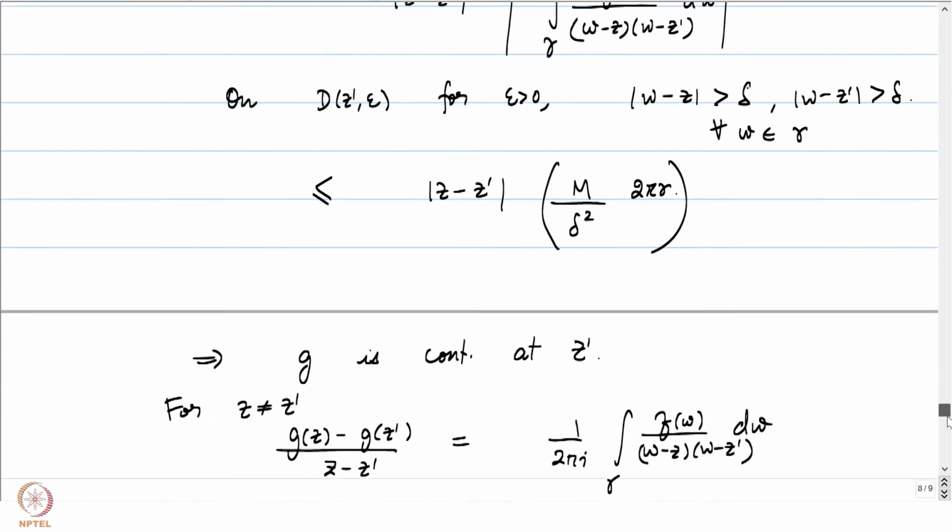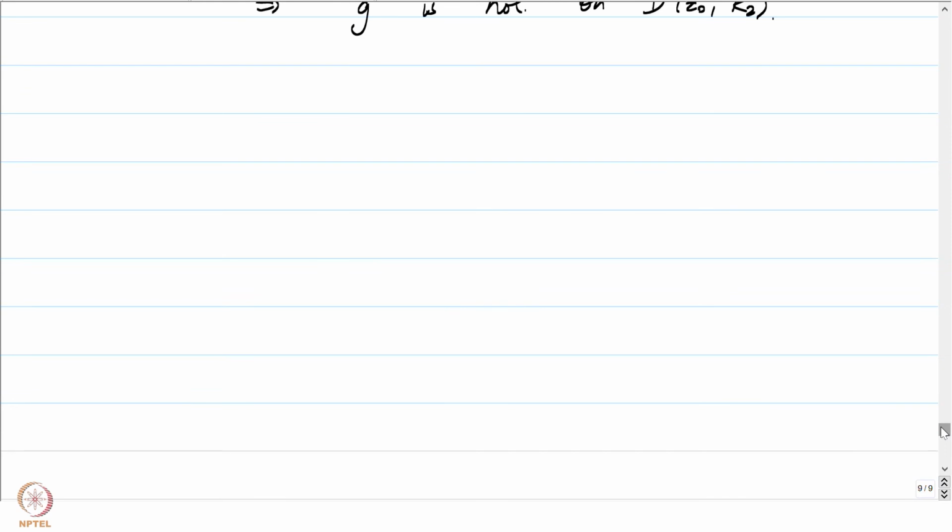Let us now define one more function h of z. Define h of z on the complement of the closed disk of radius r1, on the set of all z such that mod of z minus z0 is greater than r1.